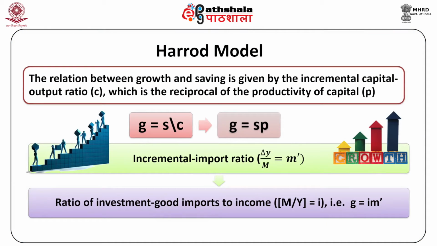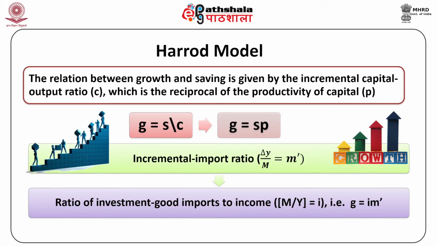In the Harrod model of growth, it will be remembered, the relation between growth and savings is given by the incremental capital output ratio, that is C, which is the reciprocal of the productivity of capital, that is P. That is, G is equal to S upon C, or G is equal to SP, where G is the growth rate and S is the saving ratio.